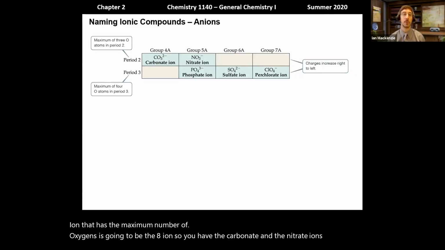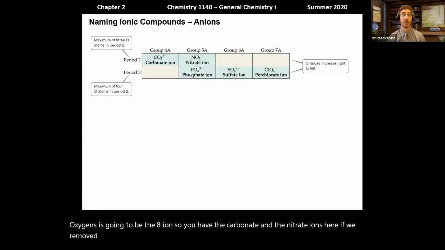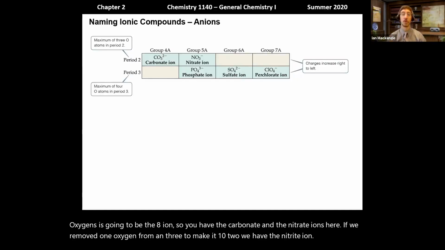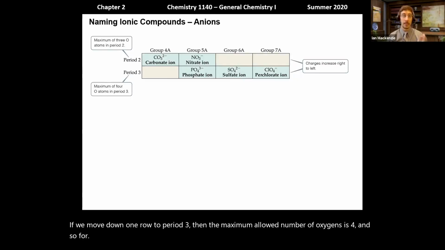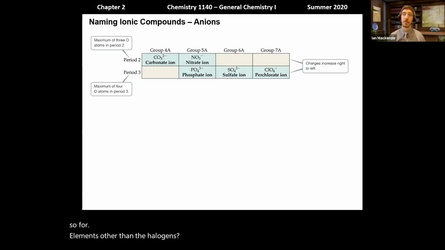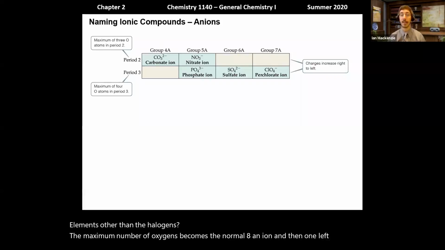If we remove one oxygen from NO3 to make NO2, we have the nitrite ion. If we move down one row to period 3, then the maximum allowed number of oxygens is 4. And so for elements other than the halogens, the maximum number of oxygens becomes the normal -ate anion, and one less from that would be the -ite anion.